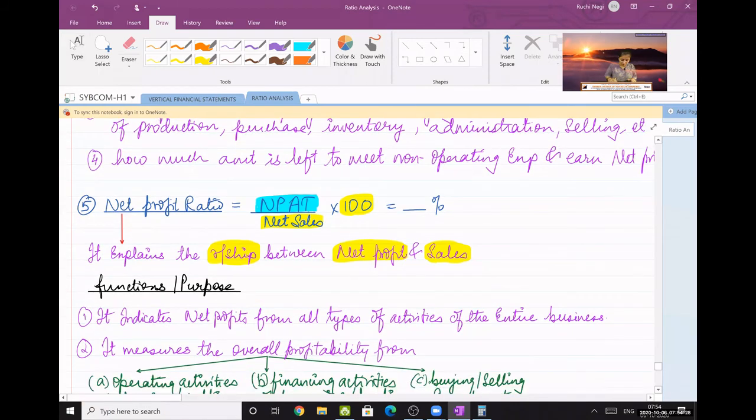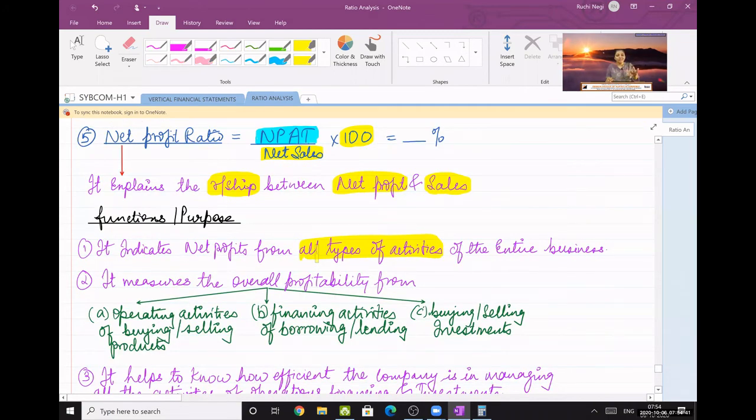So what is the purpose of net profit ratio? Obviously, to have a check on all the types of activities of your business. There are basically three activities of a business. It's an investing activity. See this, I'm talking about this activity.